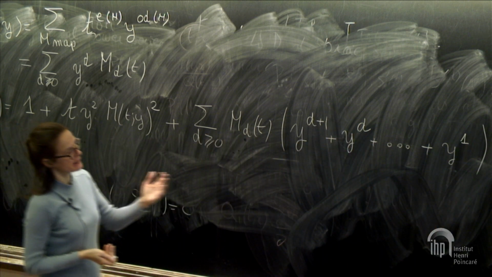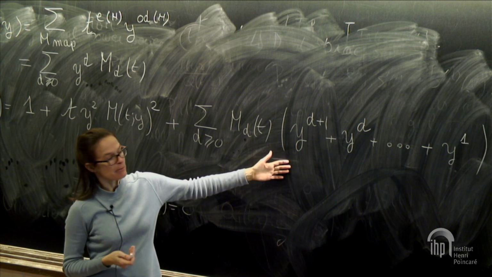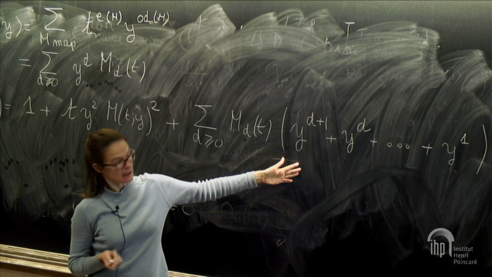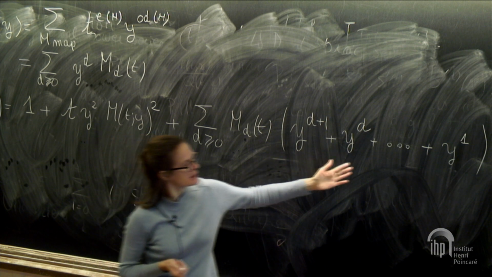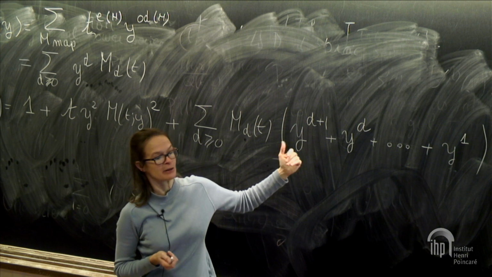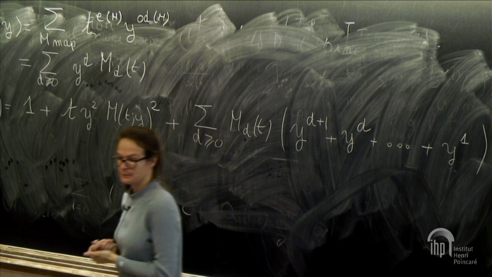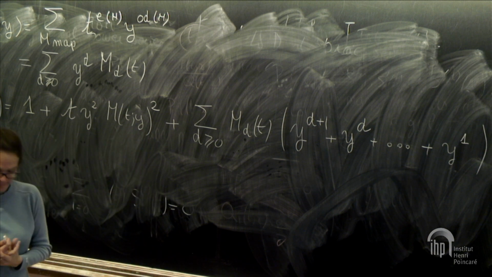So what we are saying here is that this map M prime was coming from D+1 bigger maps, which had respectively outer degree D+1, D, D-1, up to 1. Okay?